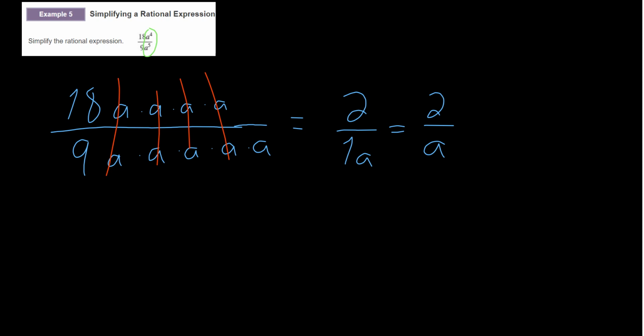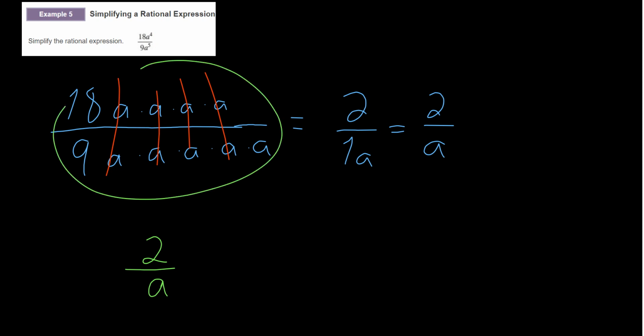Well, obviously 5, right? So we're going to go to the bottom. So it's going to be in the bottom, and then 18 over 9 is just 2, so 2 over a. Okay. So either way, however you want to go about it. Maybe this might be the easiest starting out, but the more you get into this, you'll just be able to look at it and tell very, very quickly.